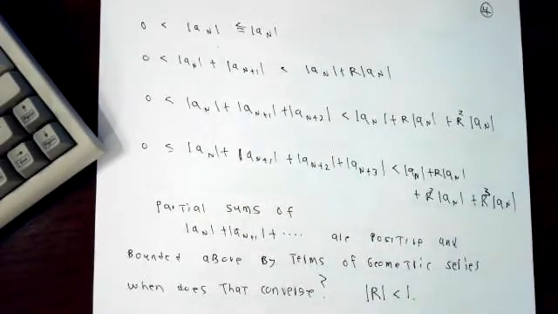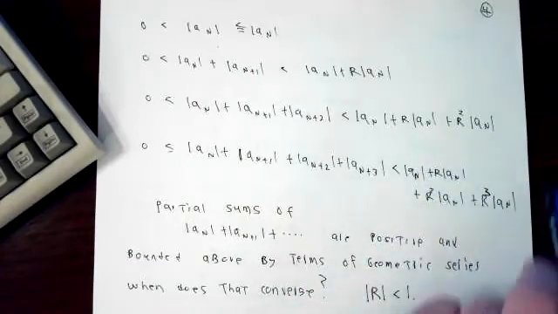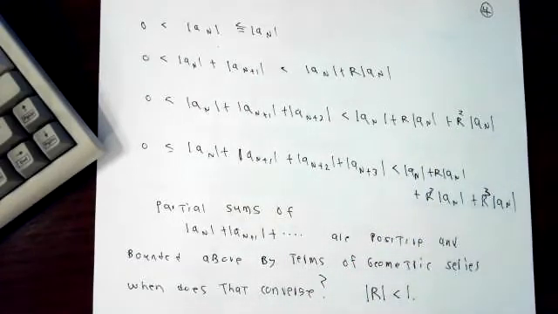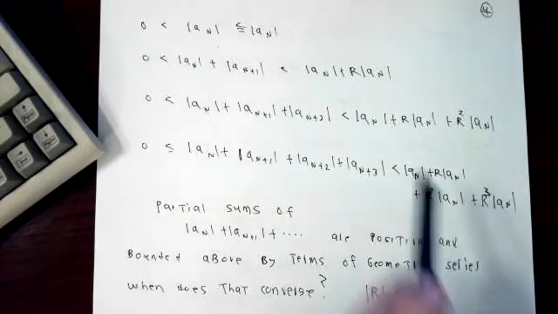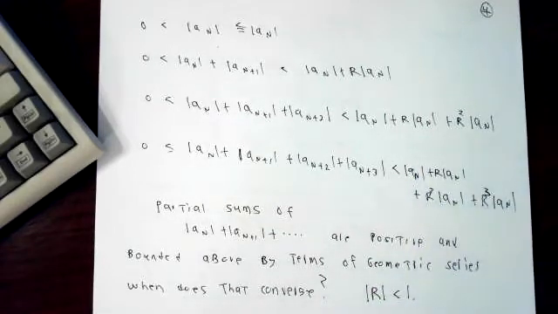The partial sum on the right is a partial sum for a geometric series, and the R is the common ratio from geometric series. We know that that series converges whenever the absolute value of R is less than 1. R is between 0 and 1, so that's the case. Therefore, we know that the infinite series based on this partial sum converges.